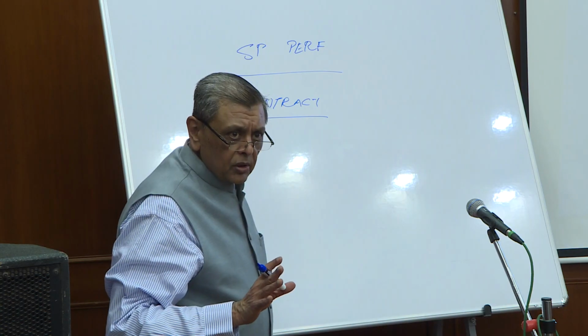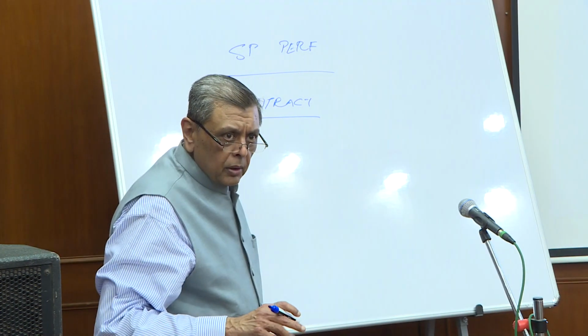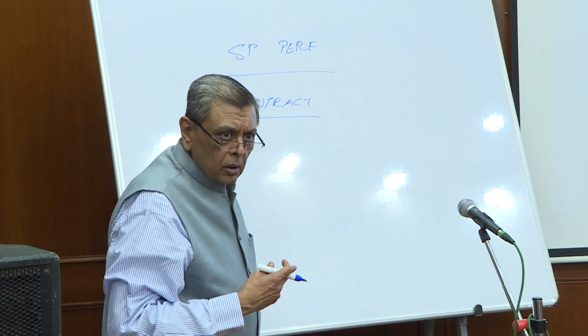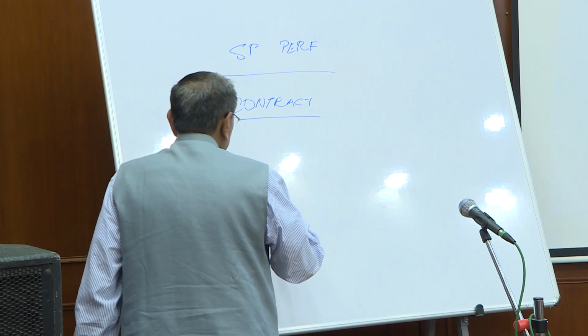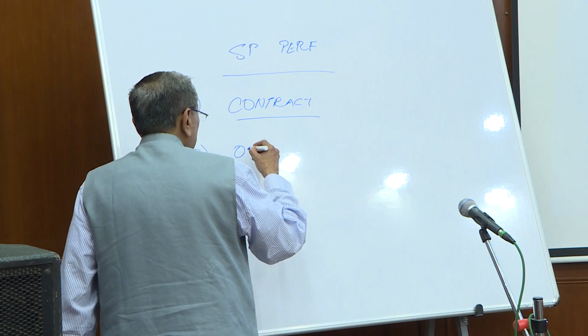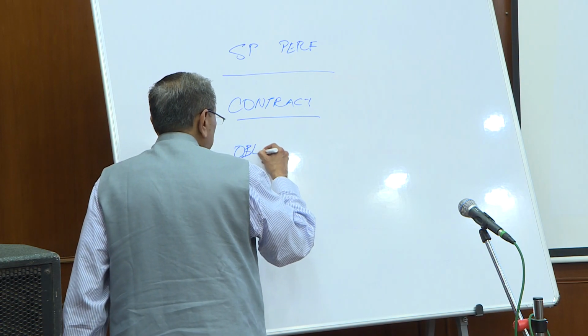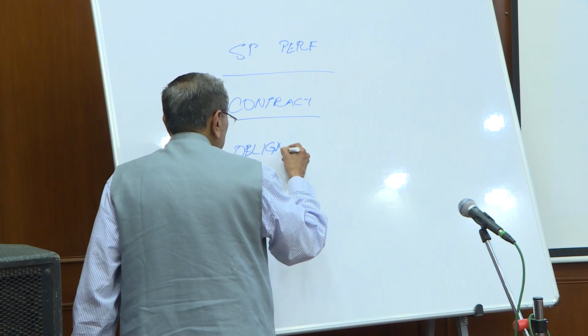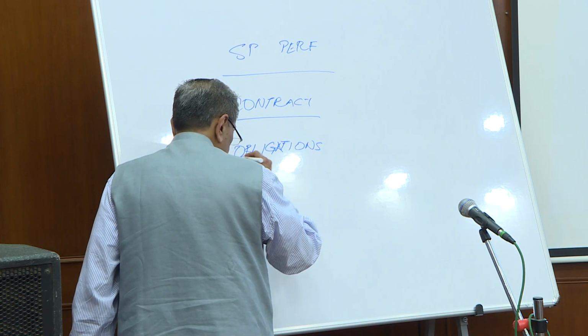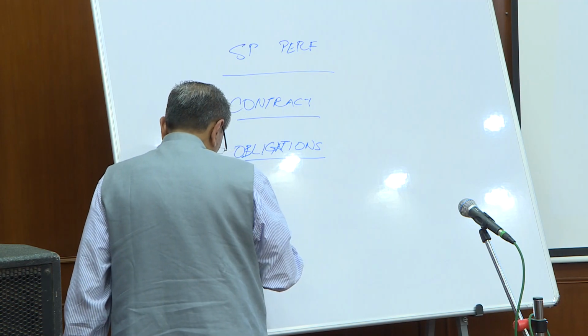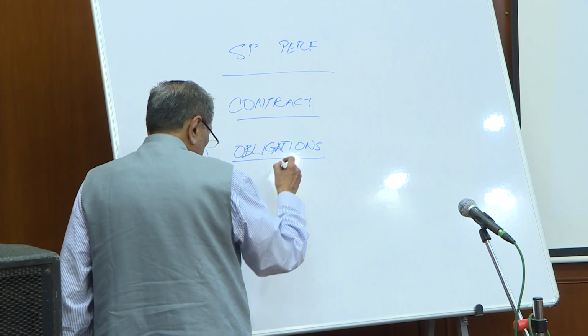You have a doubt? What? So, what is the question that you said of drafting? Hold on a minute. The second is the obligations. Correct? The third, obligation of the defendant.